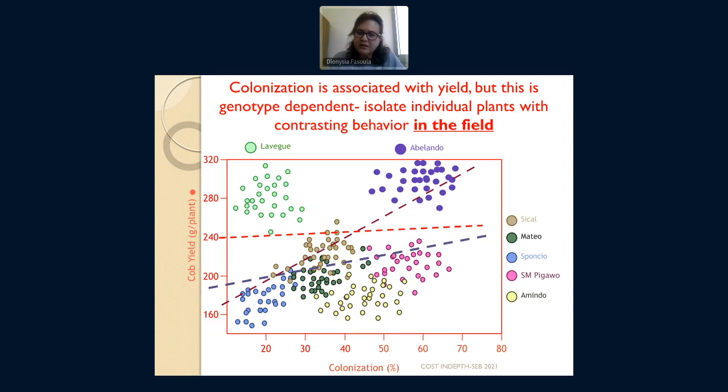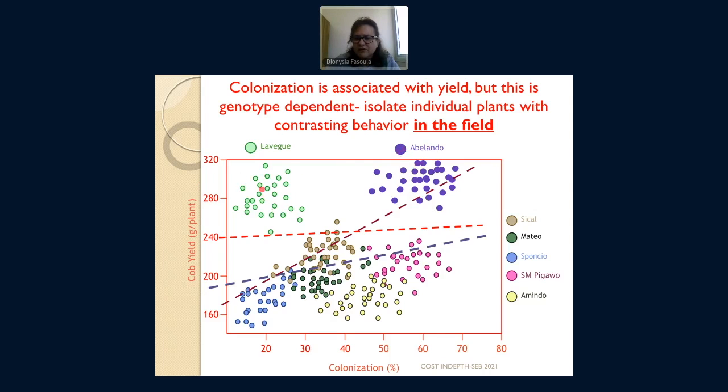And when we plot this percentage against the yields, the individual plant yields from the field experiment I just showed you, we get a series of graphs. And this tells us that colonization is associated with yield, but this is genotype dependent. For example, each dot here represents an individual plant from the landrace Abelanto.